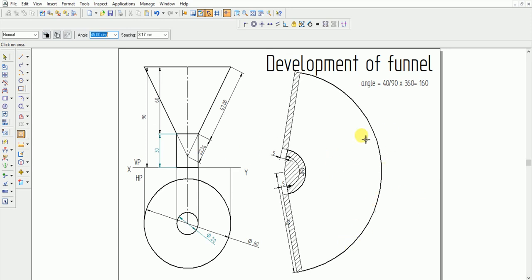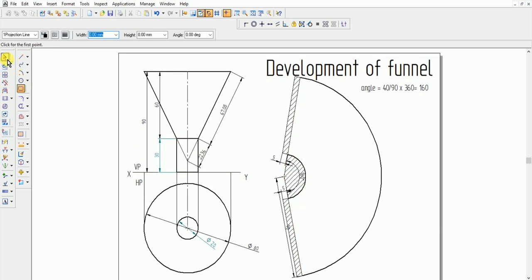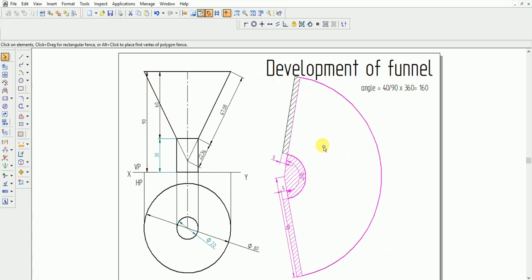Now once we are done with the frustum of the cone, let us look into the cylinder. Construction of the cylinder is very simple, before which we require the calculation part. Let me just move this a bit.